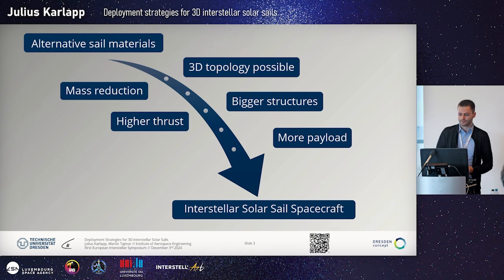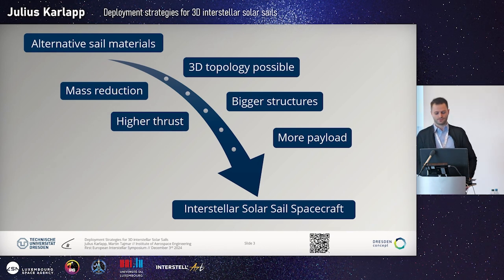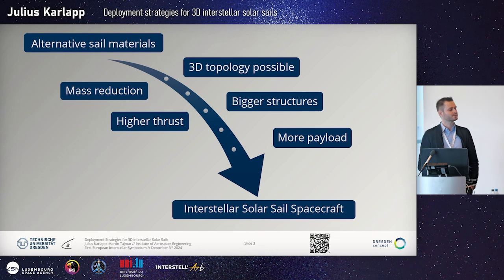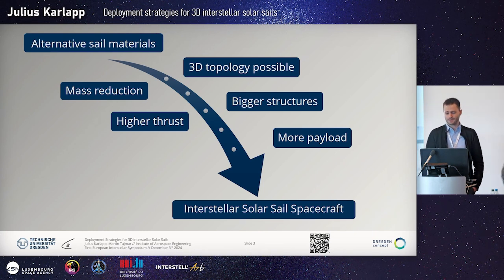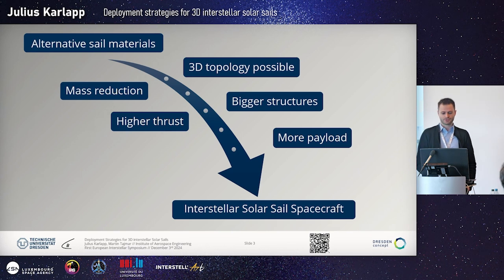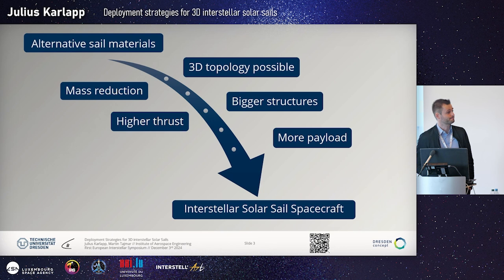This also means that in the future, the size of solar cells might increase in order to generate more thrust and therefore gain payload mass budget. In the end, we need all those steps to eventually build a spacecraft that could go into interstellar space.